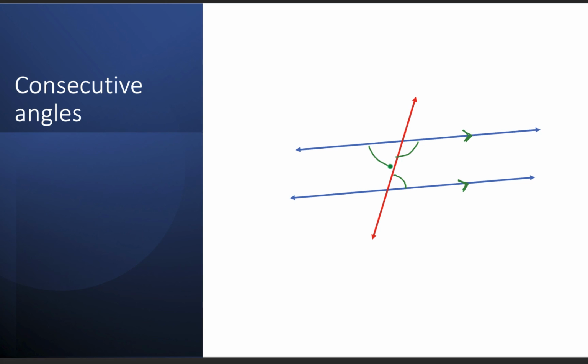Also these two, this one and this one, are consecutive, and these two angles add to 180 degrees. We call them supplementary angles. So consecutive angles are supplementary. Alternate and corresponding angles are congruent.